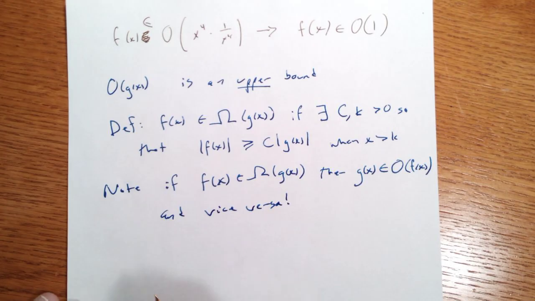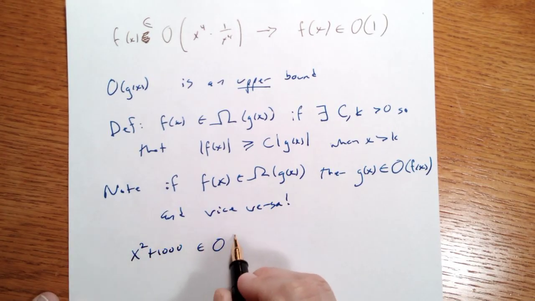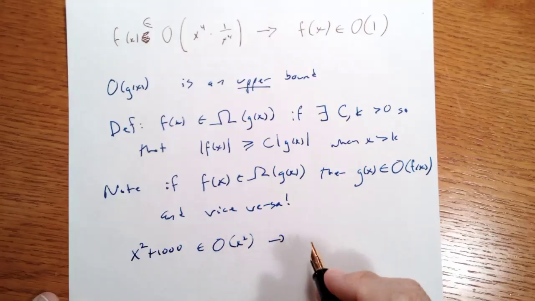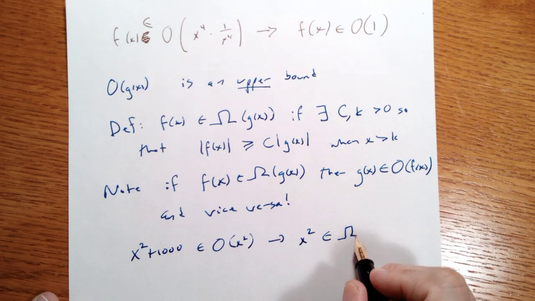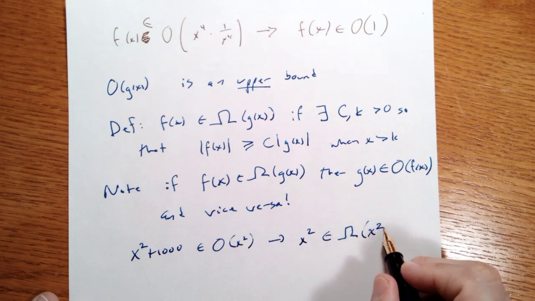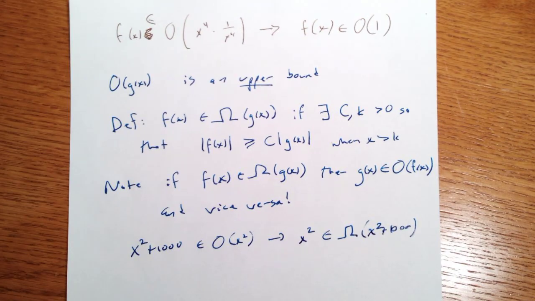Well, I already showed you that x squared plus 1,000 was big O of x squared. That means that x squared is in omega of x squared plus 1,000. So we can bound above, we can bound below. Now, this is beneficial because we might want to do both at the same time.